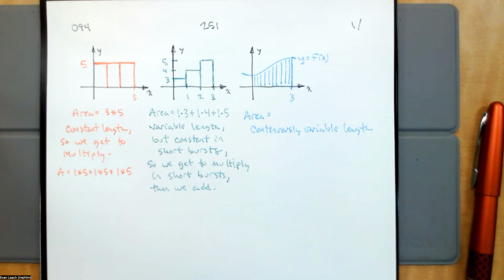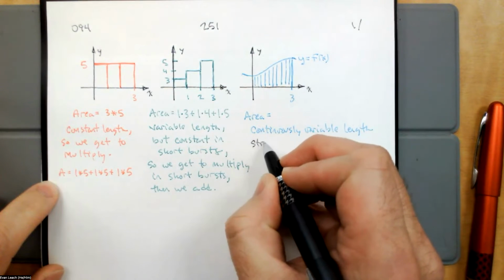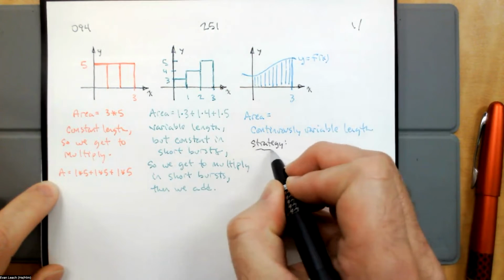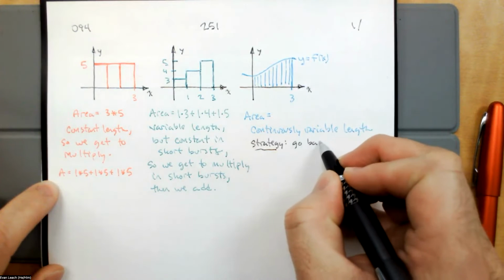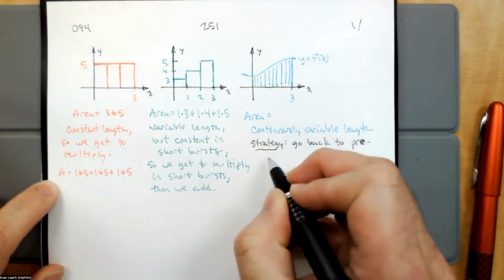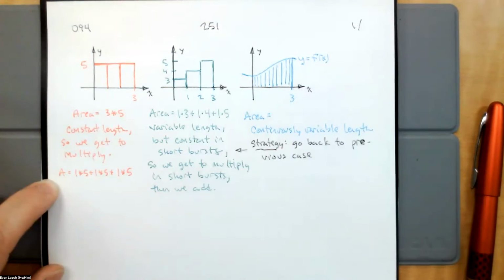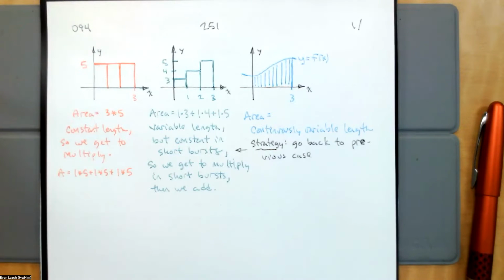Our strategy was to just assume that the function was constant in short bursts, like just go back to the previous case. Our strategy is to go back to the previous case. That is, assume that f of x is constant on short bursts so that we can multiply and then add.